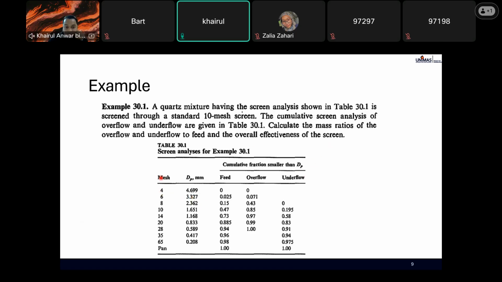So we have this is the mesh. The bigger the number of the mesh, the smaller the size of the mesh. So mesh 4, this is mesh 3, so mesh 6.